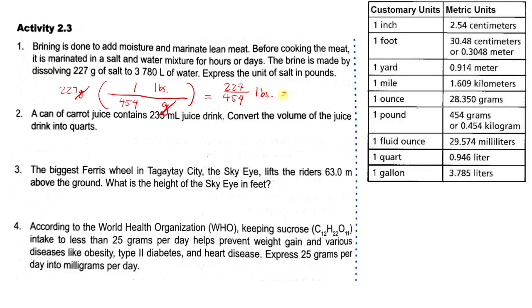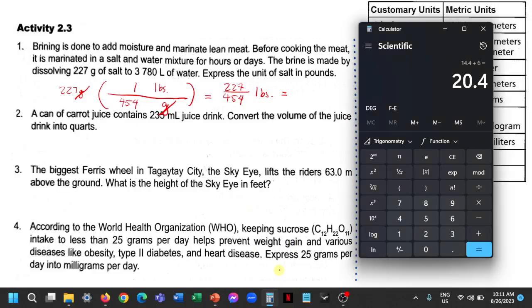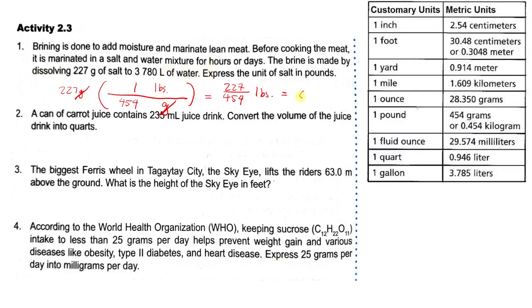Then just divide this one: 227 divided by 454. We have 0.5. Now on the given, we have three significant figures.